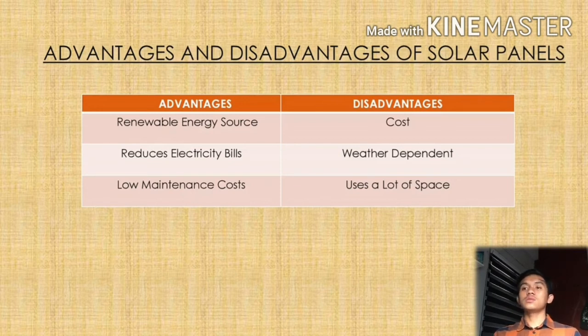And the last one is they use a lot of space because they arrange the solar panels edge to edge, in a large field or on a roof or on the house. So that is the advantages and disadvantages of solar panel.